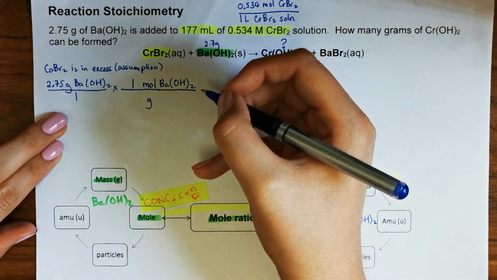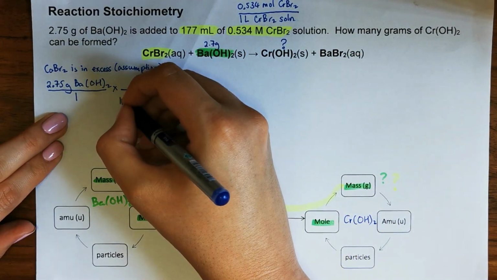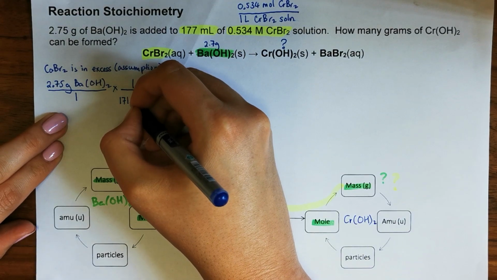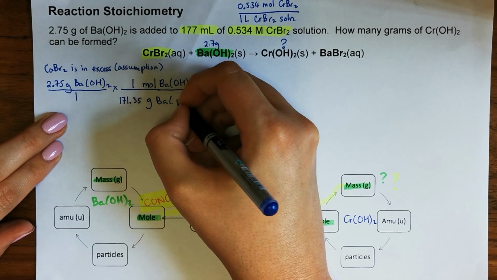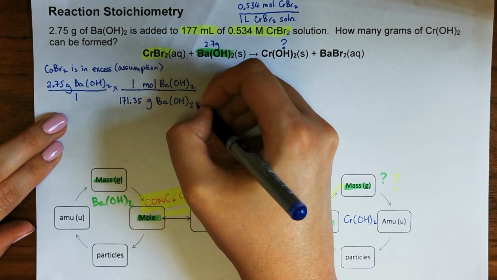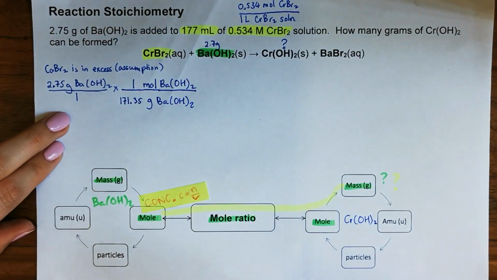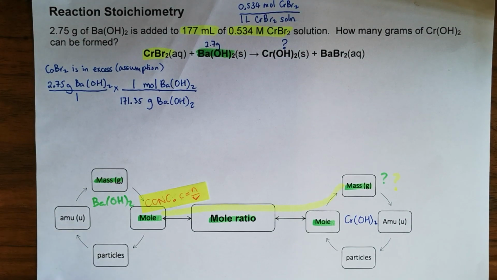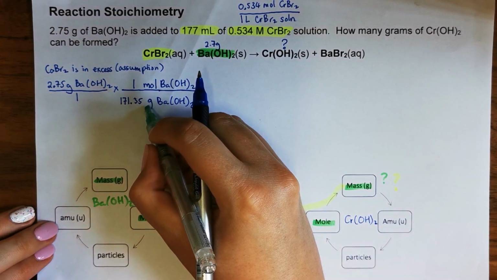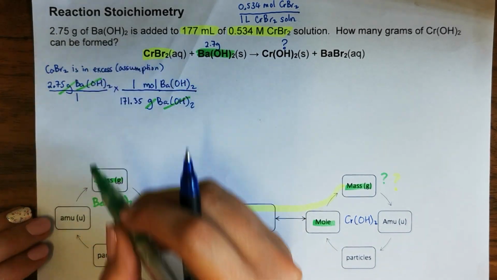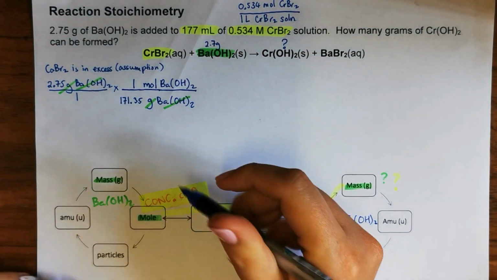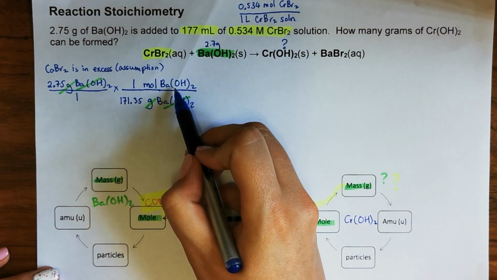And from the periodic table, if we go and calculate it, it's 171.35 grams of barium hydroxide are contained in 1 mole of barium hydroxide. So let's do our cancelling. Both the unit and the label cancel in this case. Now we've got moles of barium hydroxide.